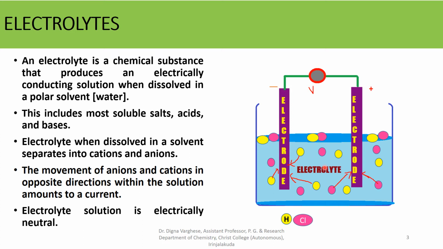Electrolyte solutions can also result from the dissolution of some biological molecules. Do you know that? DNA, polypeptides, which means proteins, and synthetic polymers, for example polystyrene. Such molecules, when dissolved in a suitable solvent, can also conduct electricity.